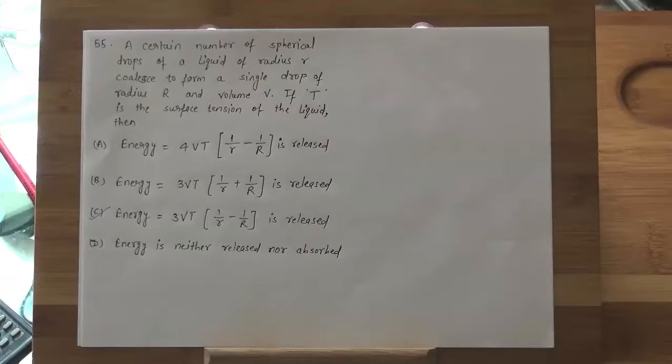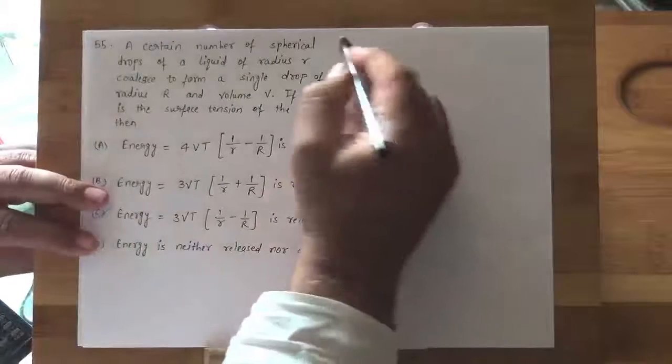Read this question. A certain number of spherical drops of radius small r coalesce, combined, all of them.